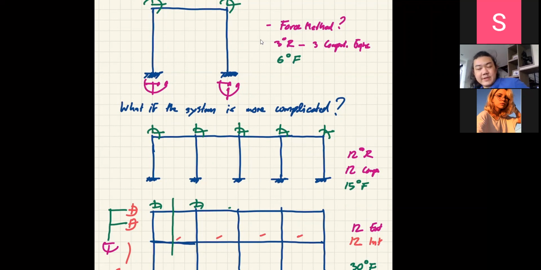Now, when this frame is going to move to the side, when I say axial deformation is neglected, I don't care about the axial deformation of these 4 members either, right? Meaning I am going to say that they all move the same amount of displacement, meaning the deflected shape is going to look like this.